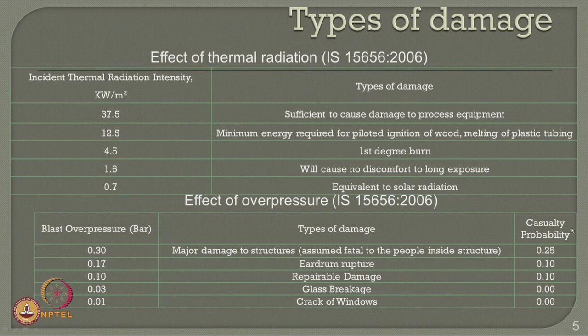However, the casualty probability of these kinds of events is closer to 0 and about 0.25. This has been taken from the experiences and case studies of different plants of similar location in the nearby industries. Now, once we have identified the causes, the types of damages and the consequences, I have enough data to model this in a software and try to find out the results.